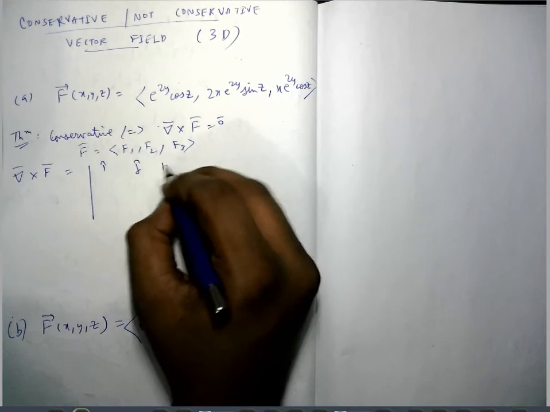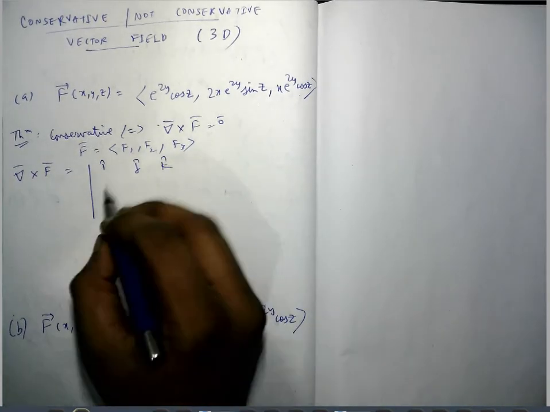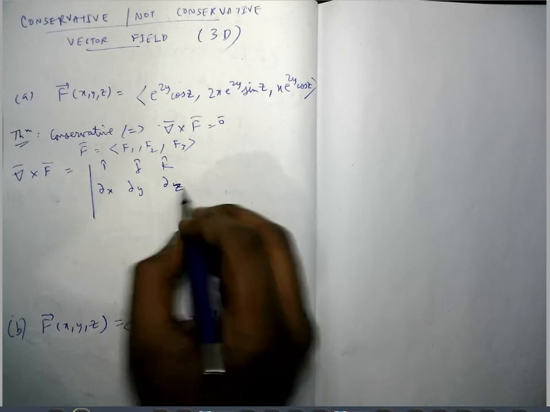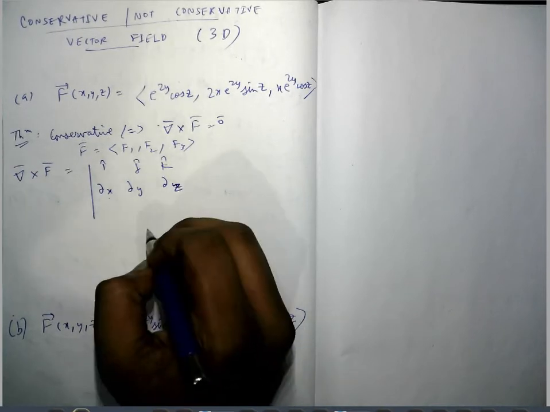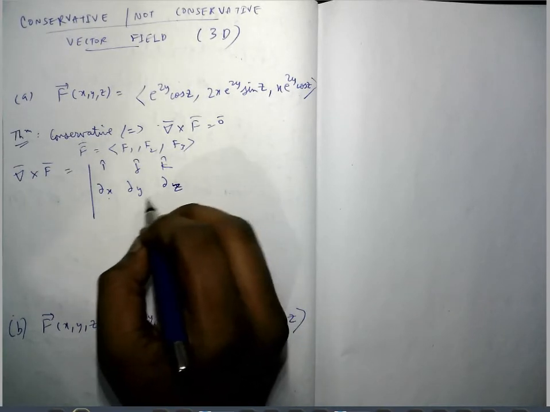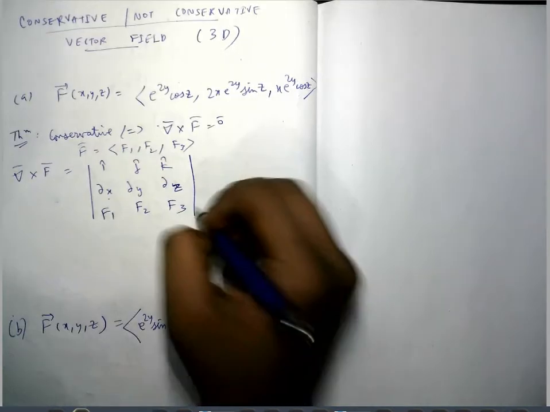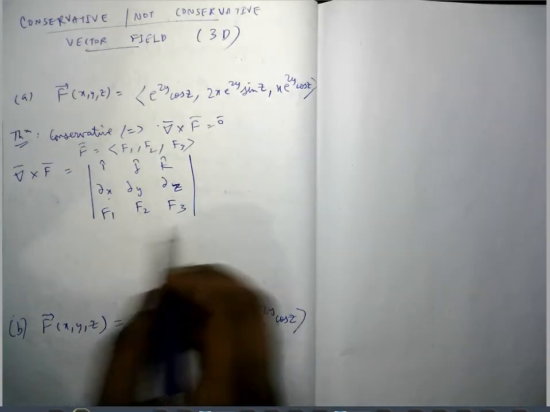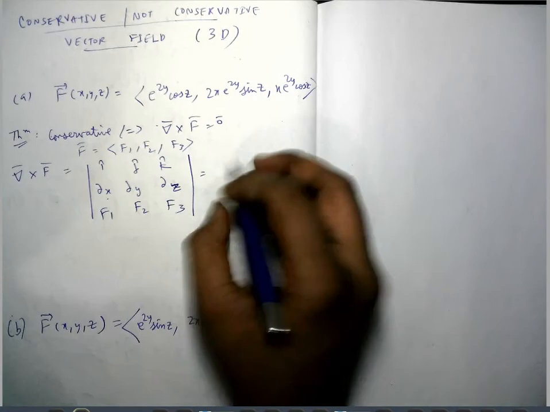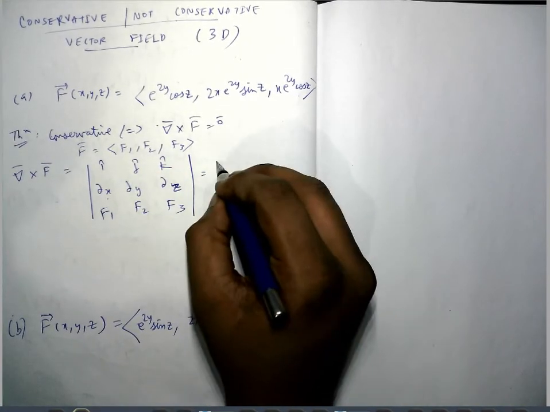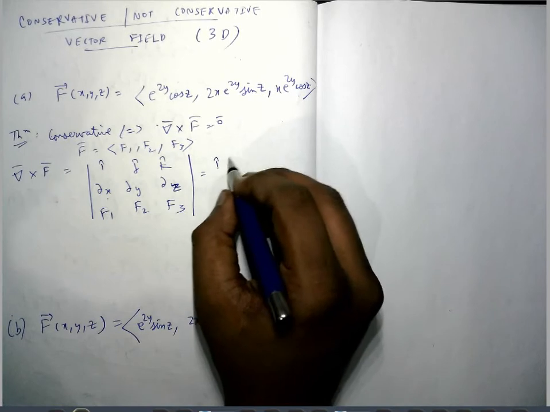So it is not exactly a determinant, because these operators partial x, partial y and partial z are operators, not functions. But you calculate it the way you will calculate the determinant of any matrix.